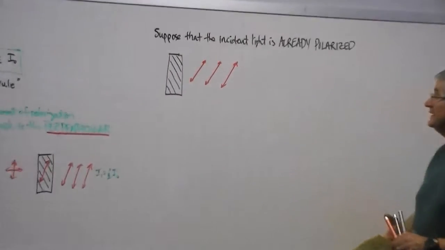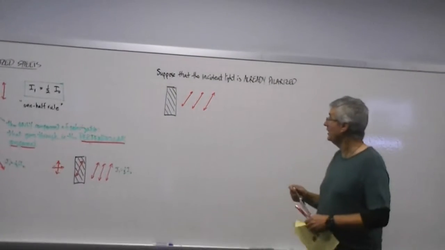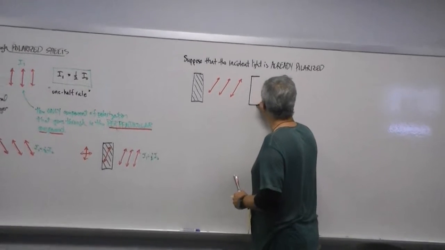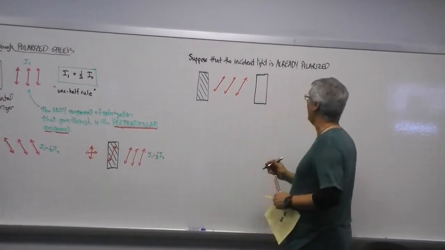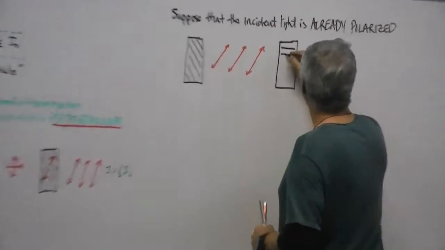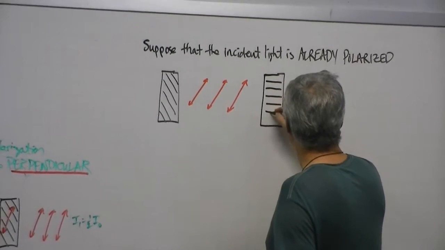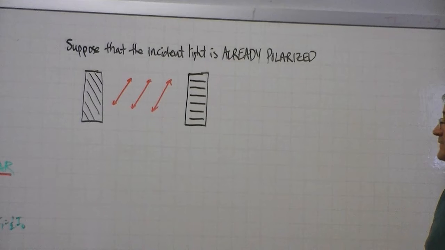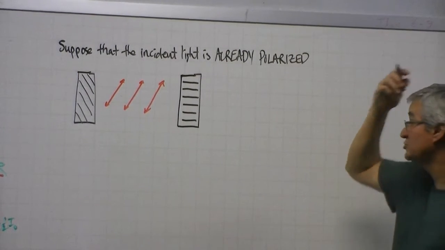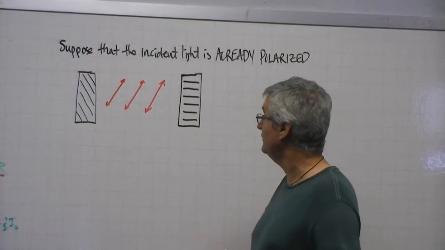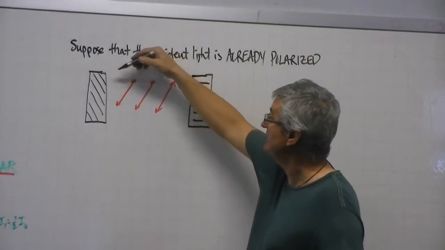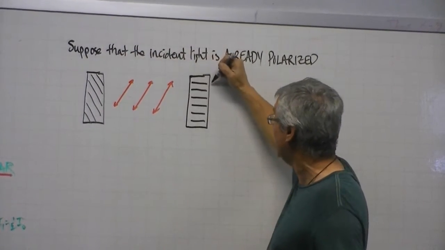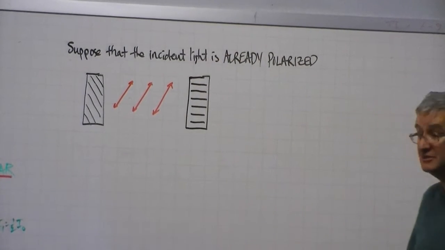And to make it easy here, you could imagine that now I have a second polarizer, and this time I'm going to make it horizontal so that it looks like this here. Now, one of the things that you want to pay attention to between these two is that the angle of polarization between this guy and that guy are the ones that we want to pay attention to.